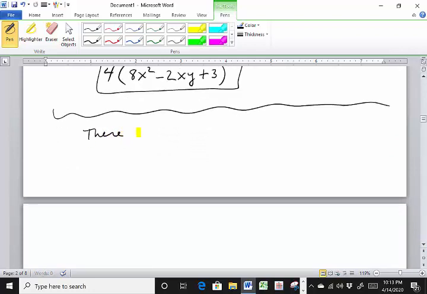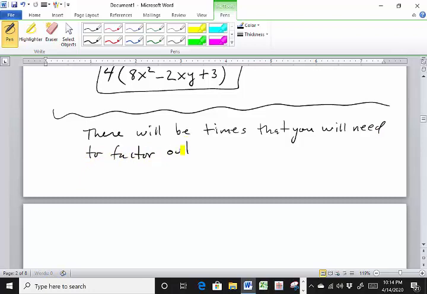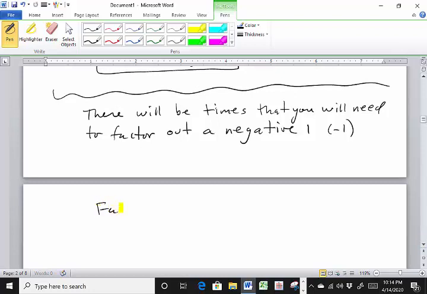So there will be times that you will need to factor out a -1. Something like this, right? Factoring out a -1. Alright, so for example, and I'll just write this here, factor out a -1.